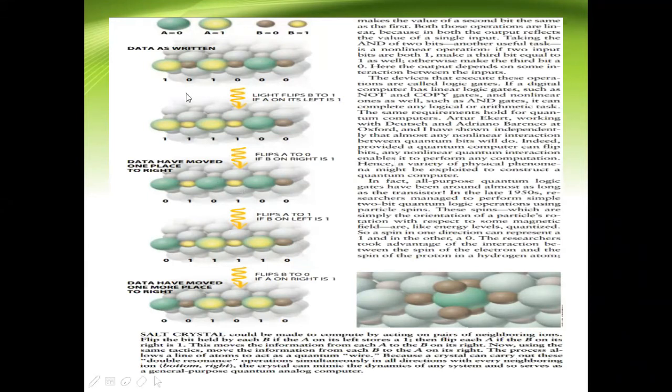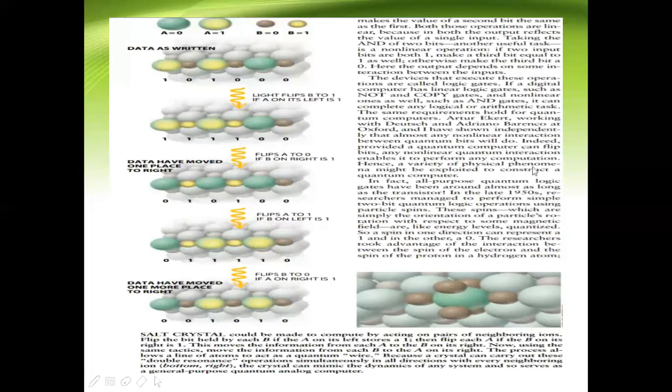Here I have shown you the flip data written and how it is flipping in all the cases. So it also has very good flipping of the bits. Indeed, provided a quantum computer can flip bits, any non-linear quantum interaction enables it to perform any computation.